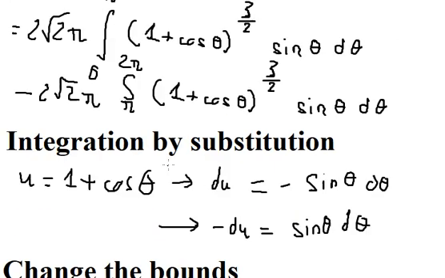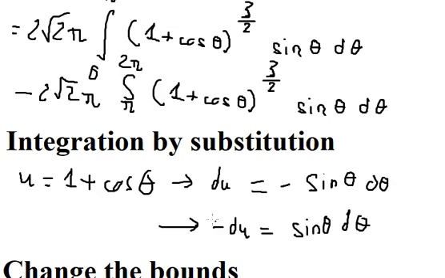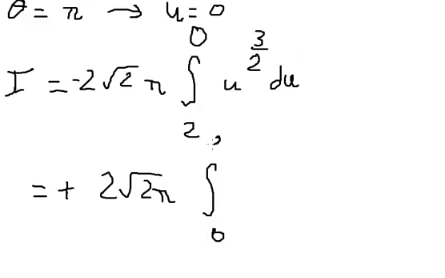The next one, if we put π on here, you get 0. If we put 2π on here, we have number 2. So we calculate two integrals in here.